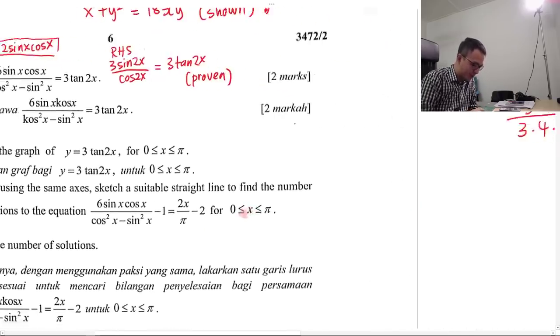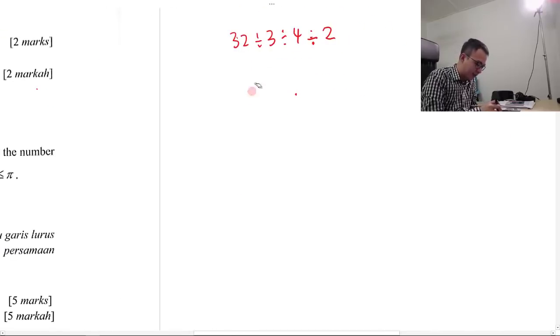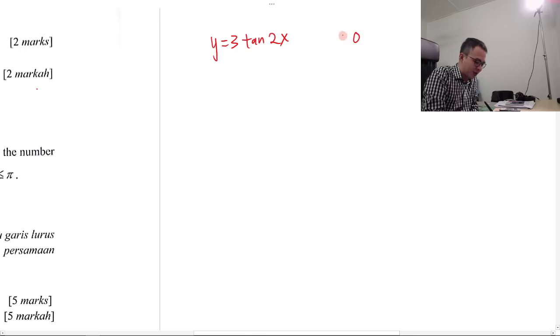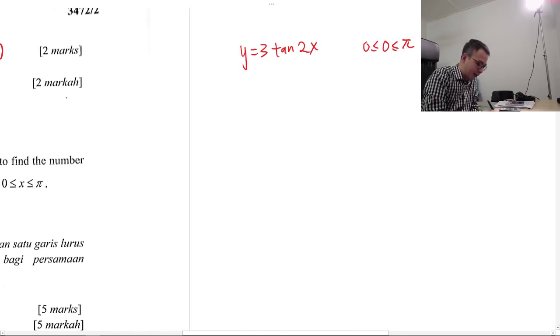I will need some space here. Maybe I sketch here to give you some idea. And let me erase this. Alright, so I want to draw something like 3 tangent 2x. And then the question asks me to sketch between 0 to pi, if not mistaken. Yeah, it is between 0 to pi. Alright, so this is what happened.